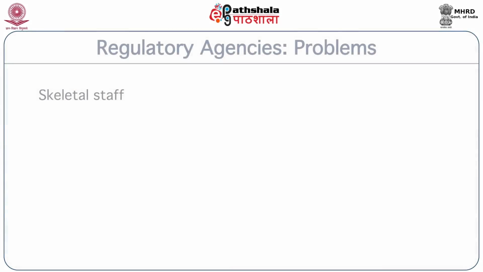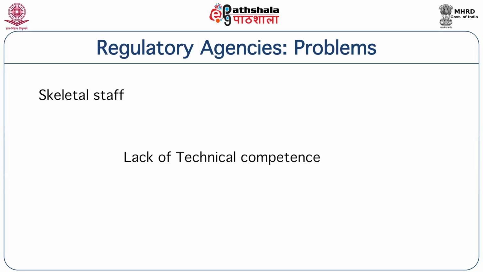When you look at these regulatory agencies, the problem encountered in third world countries is that they have very skeletal staff. They do not have adequate manpower. They do not have adequate technical competence, and the bureaucracy is a very weak structure in India, and therefore these regulatory agencies encounter a number of problems in approving drugs.